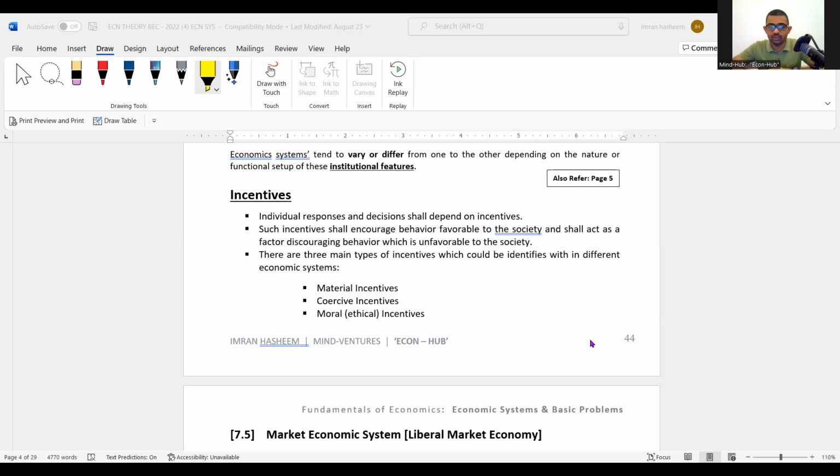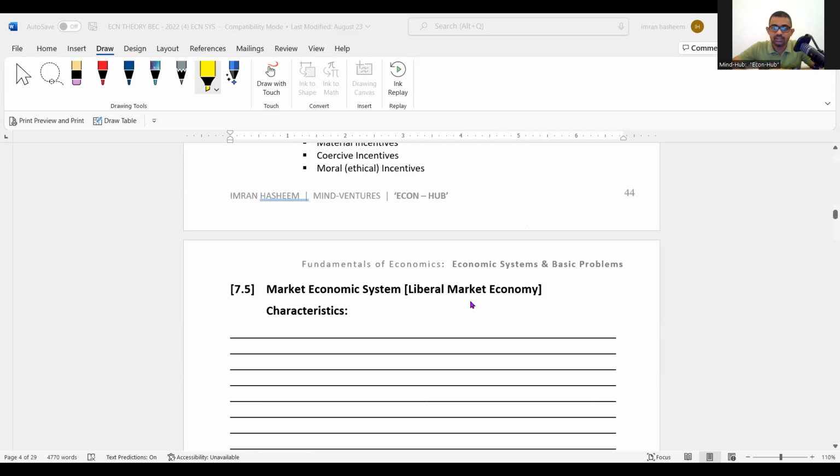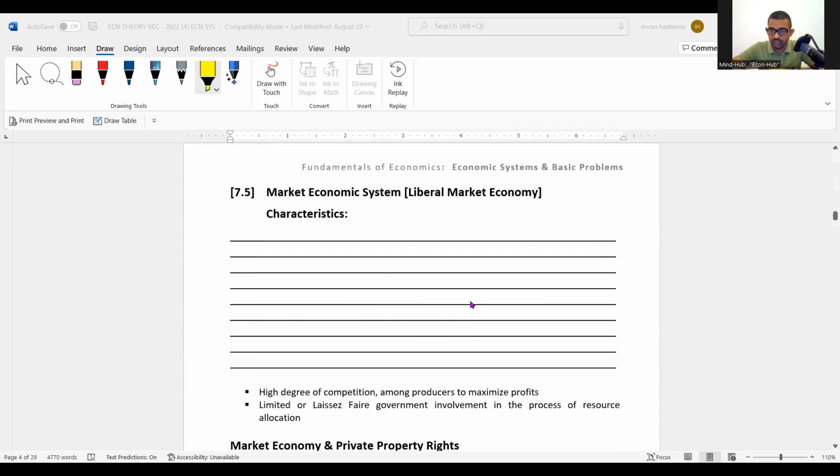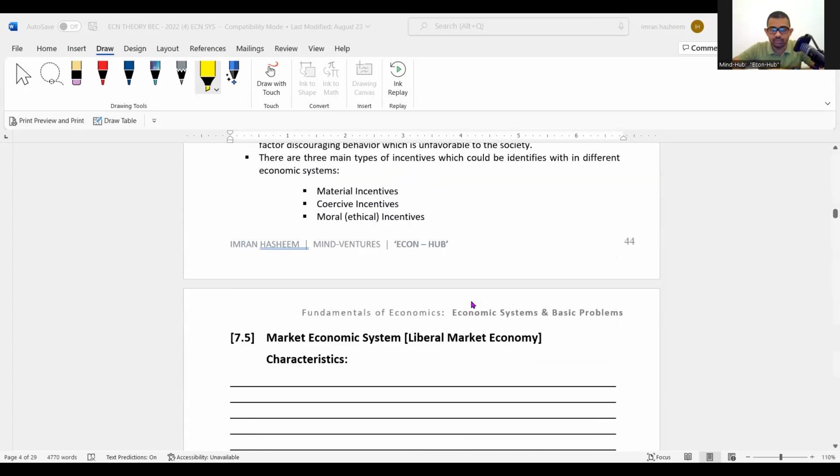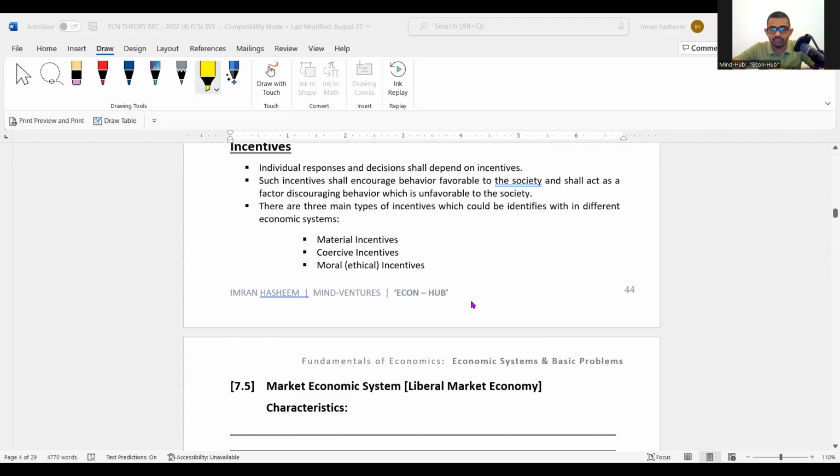If you guys have anything to ask, please ask. Please clarify. Okay. We can do that. Now, what I want you guys to do is, very quickly, try to write the characteristics of a market economy. But I need to warn you, there's a possibility. Moral incentive, yes, I can repeat. Okay. Moral incentives.